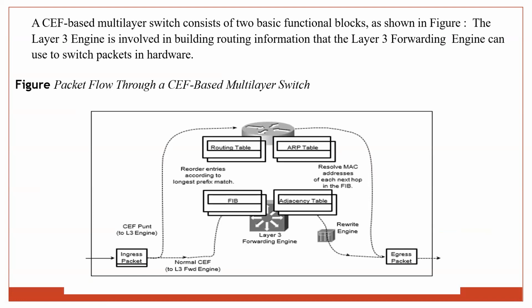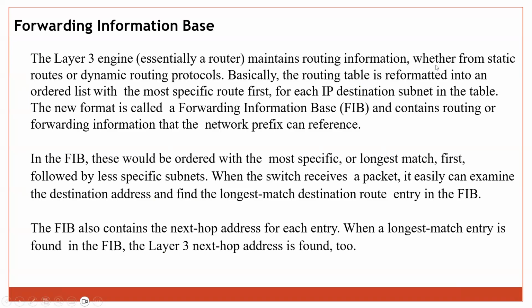But when it comes to the actual forwarding, the FIB table comes into the picture. Basically the routing table is reformatted into an ordered list with the most specific route. Suppose you have to reach somewhere with /24, /28, /31 or /30, how will you reach? It is the most specific route to reach somewhere.